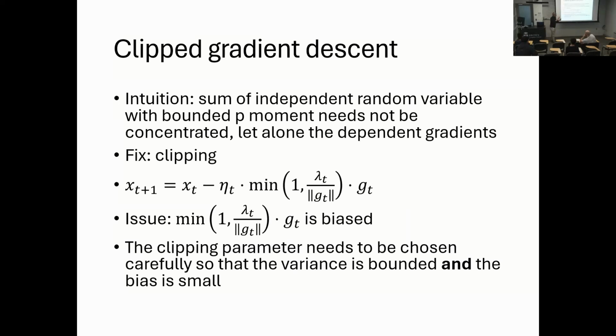So ideally, this is a trade-off. If you don't clip at all, then you have no bias, but you could have huge variance. But if you clip, you reduce variance, but you start introducing bias. So you want something that balances bias and variance.